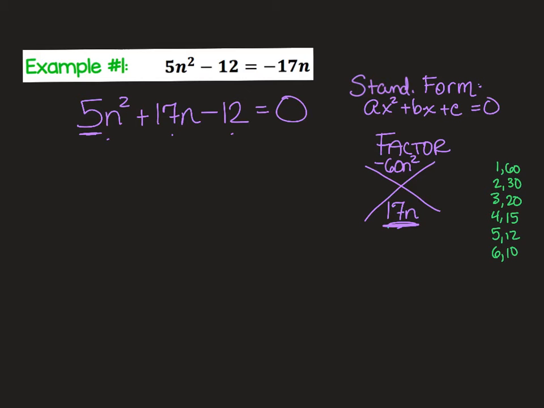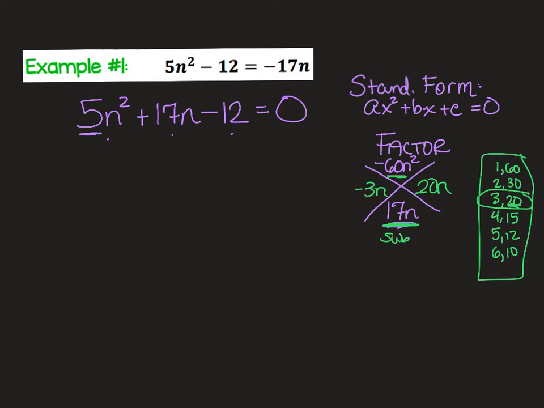And then remind yourself, okay, was I having to add or subtract? Since this product is negative, it means one's positive, one's negative, so we're subtracting to get this. So figure out which one of these pairs over here gives you a difference of positive 17n. Well, that would be this pair, and I would have to make the 20 positive. So it would be negative 3n and positive 20n.